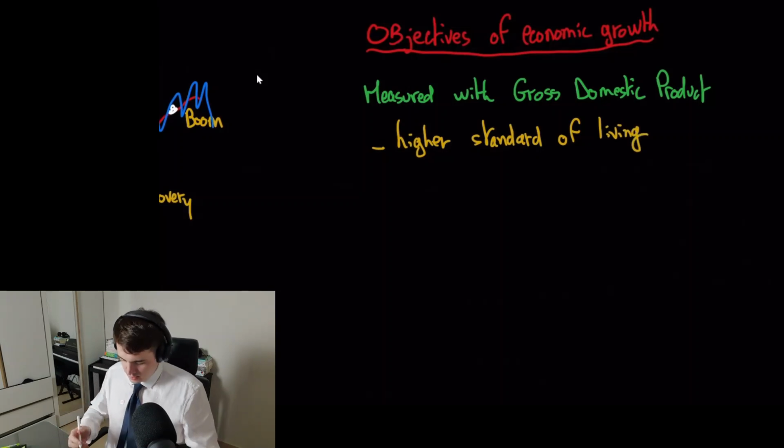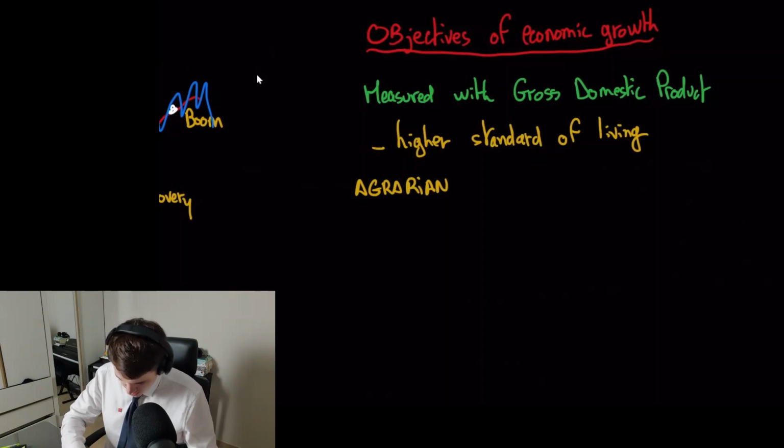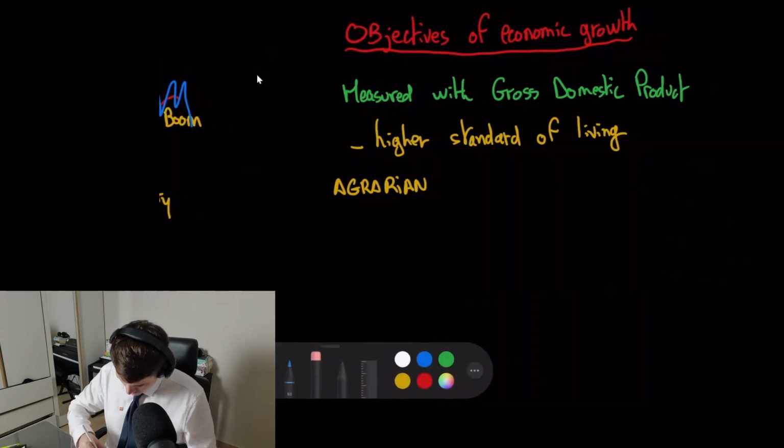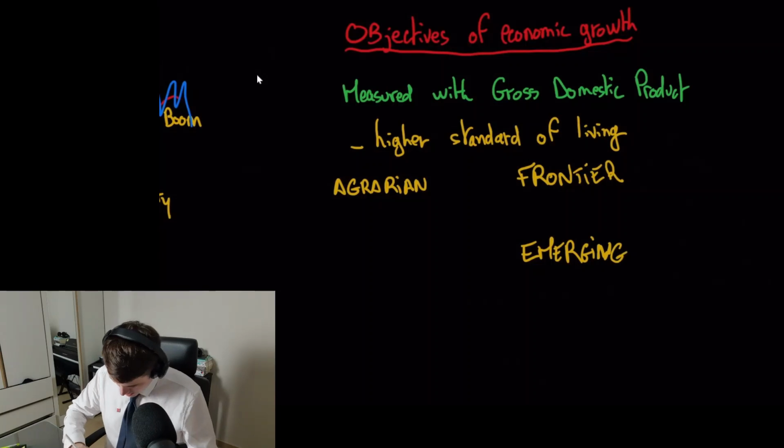If you look at the stages, we have an agrarian economy, which is then turned into a frontier economy, which is then turned into an emerging economy. And then a developed.